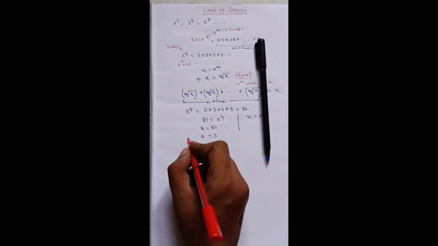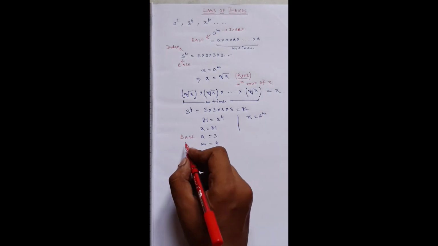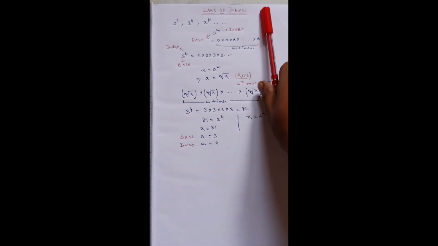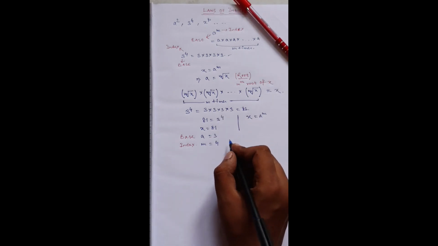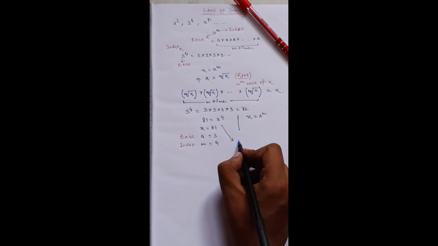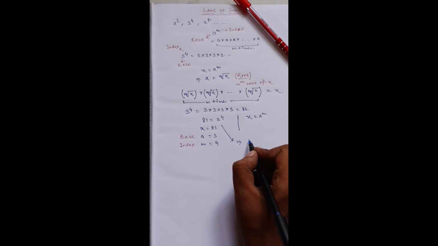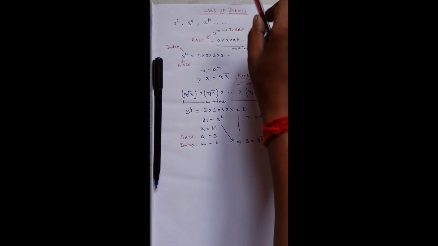So a is our base, m is our index. Now if we try to get this in the other form, we can rewrite this: 3 is equal to the fourth root of 81.